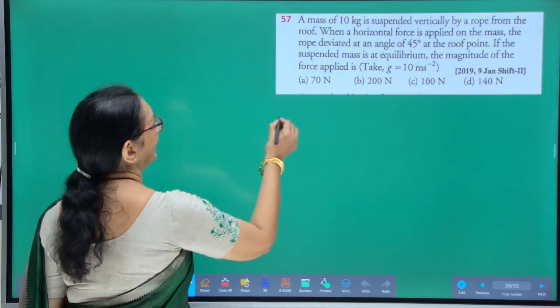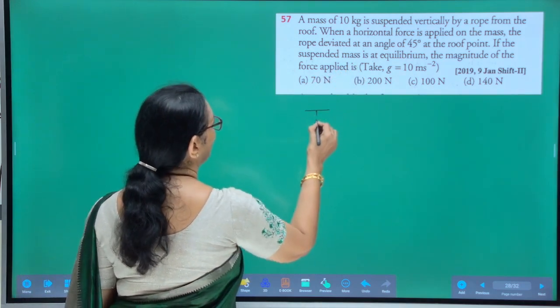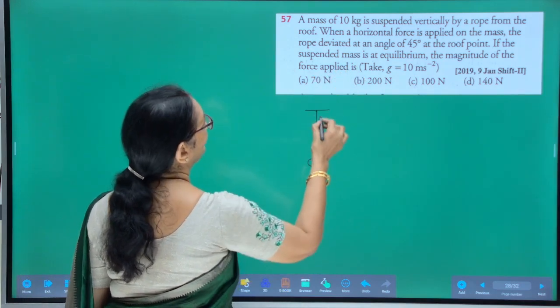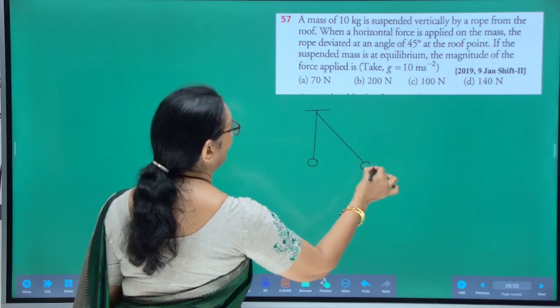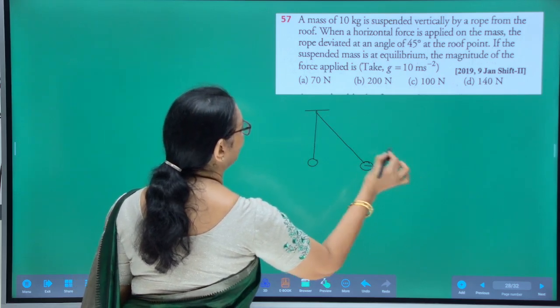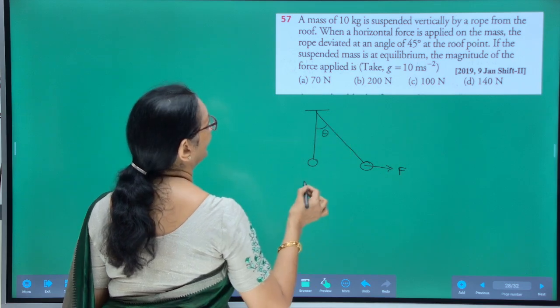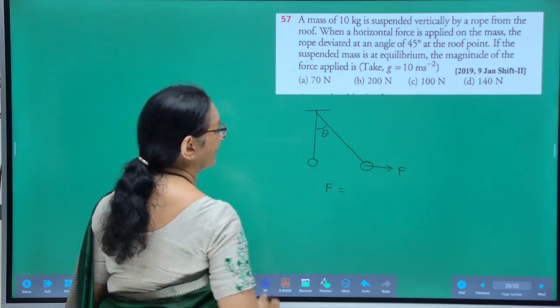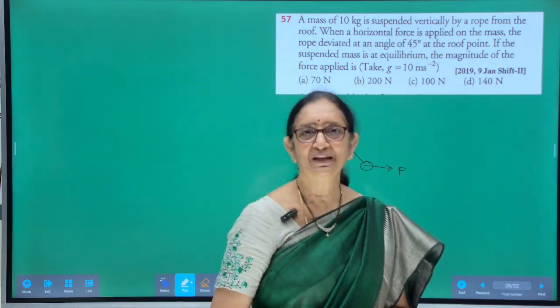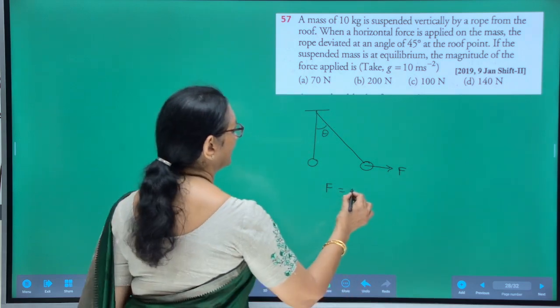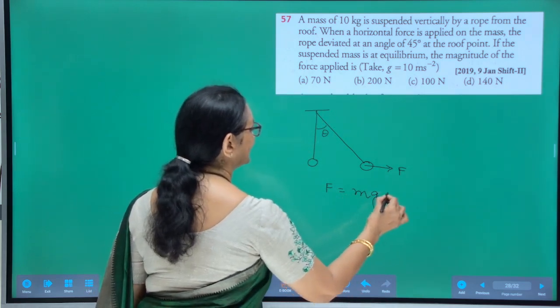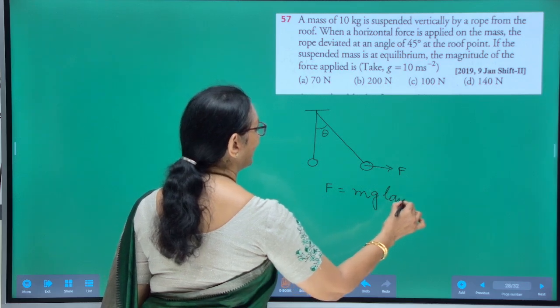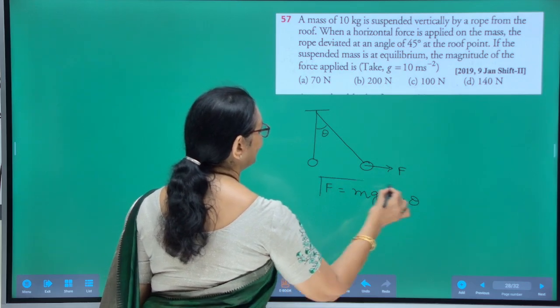A body of mass 10 kg is suspended vertically like this. It is pulled aside by a horizontal force F through an angle theta. And what is the applied horizontal force? We know from tangent law, horizontal force required to pull it aside through an angle theta is mg tan theta.